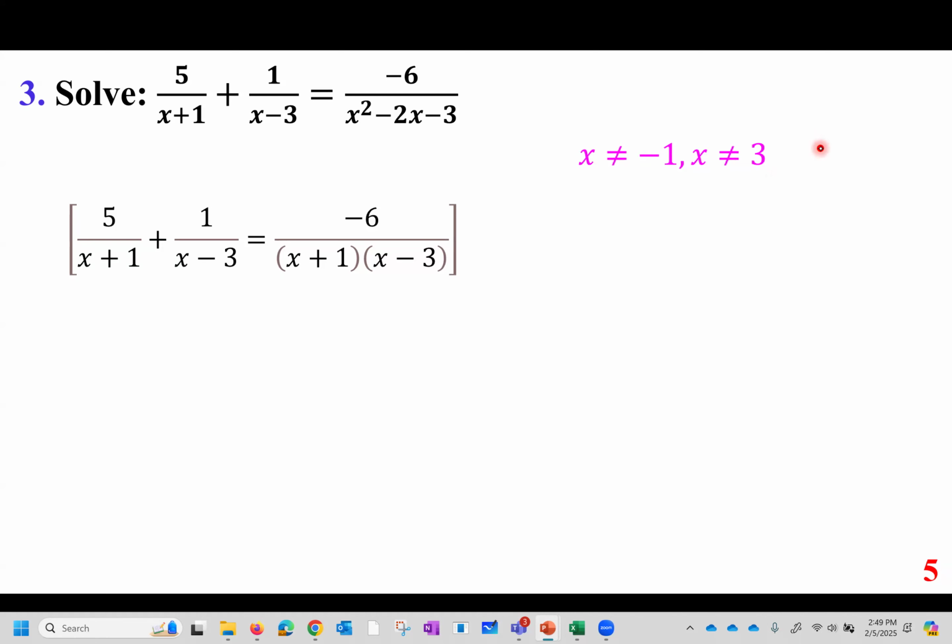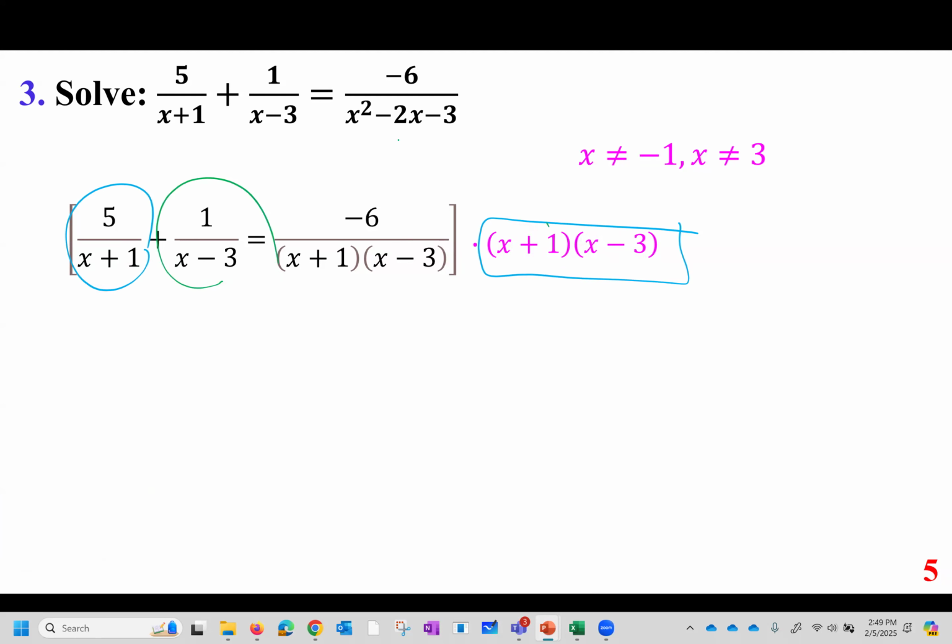So what you do, you multiply both sides of this by x plus 1 times x minus 3. So if you multiply this one by the first one, x plus 1 cancels out, you get 5 times x minus 3.